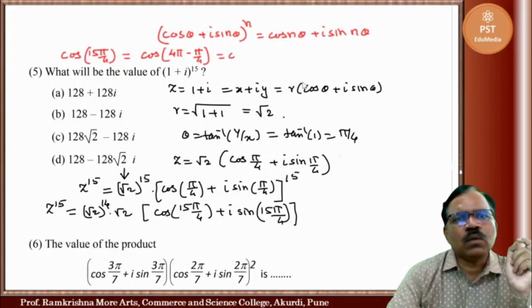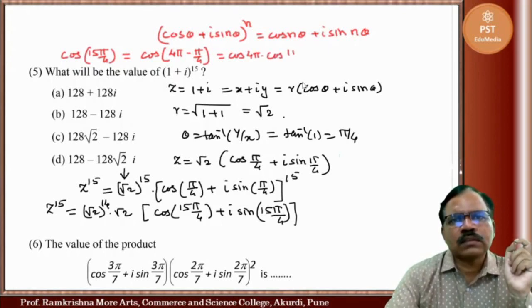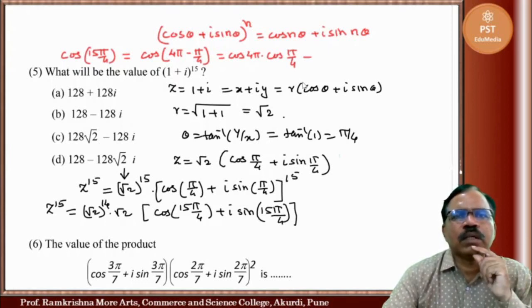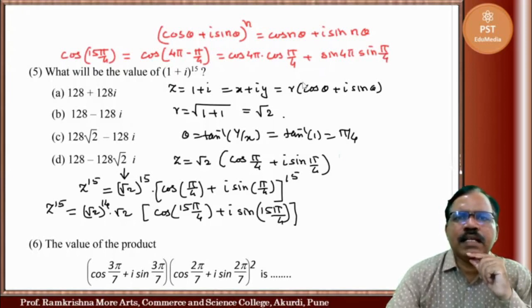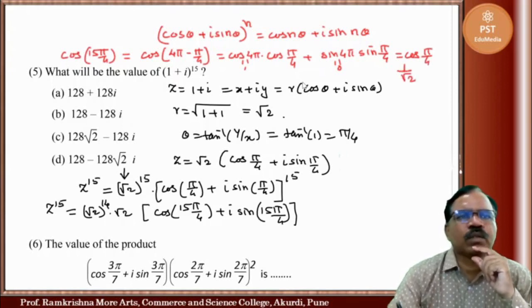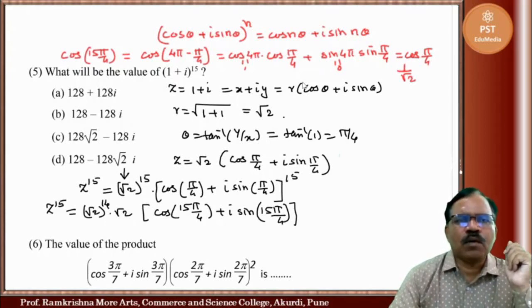So this is equal to cos 4 pi into cos pi by 4 plus sin 4 pi into sin pi by 4. Now sin 4 pi is 0 and cos 4 pi is 1. So here we will get cos pi by 4, that is 1 upon root 2. So the first term we got is 1 upon root 2.